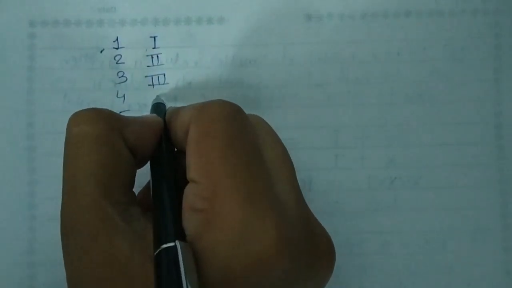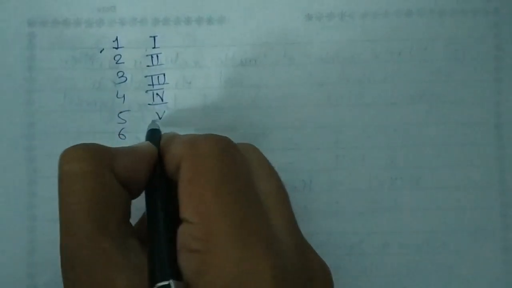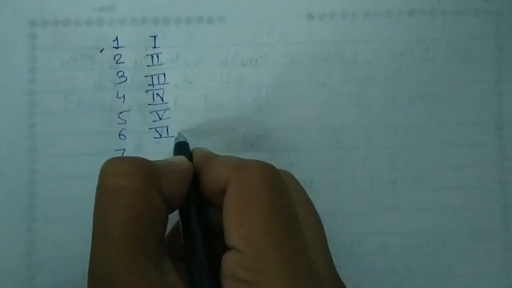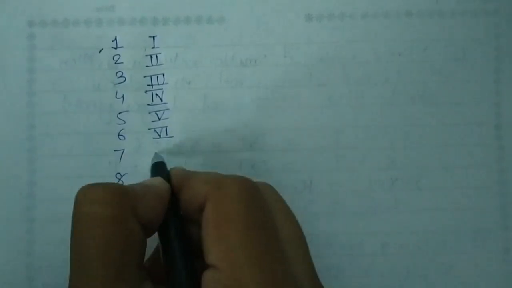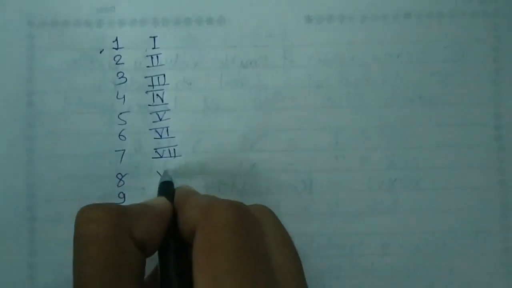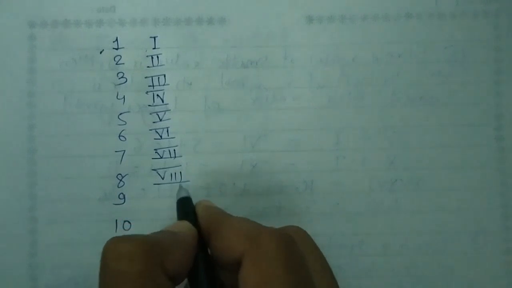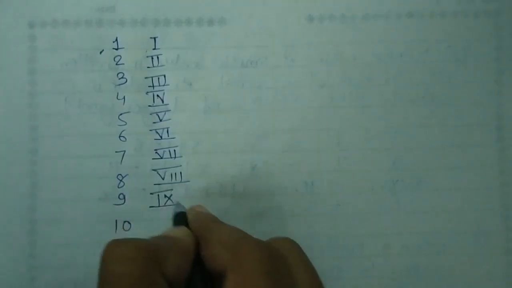Then for writing 4 you have to take 5 minus 1, that is 4. And then we have a V for 5. Then we will write I to the right hand side of that larger value, so it will be added. Then we have a 7. Then we have an 8. Again I repeated 3 times. Now for a 9 you have to do 10 minus 1. So for subtracting, write it to the left and then 10.